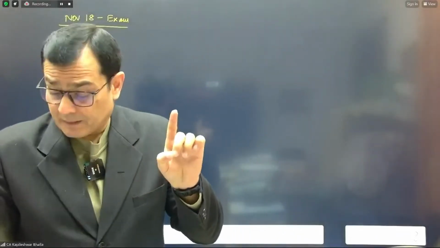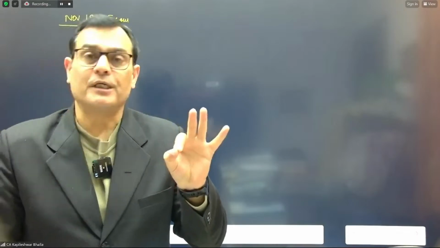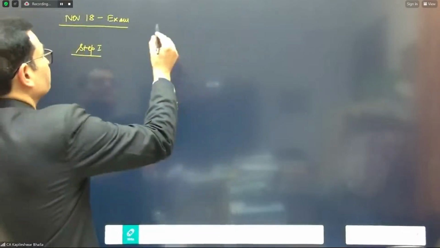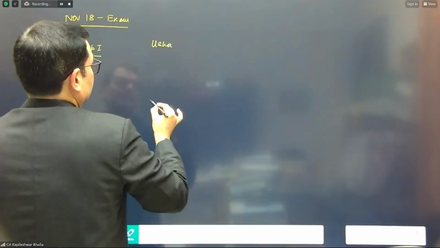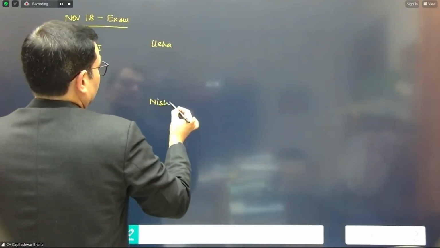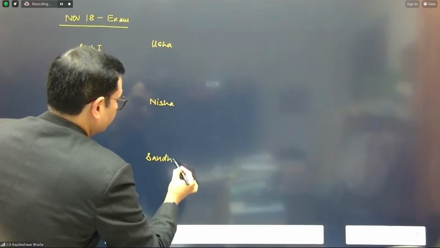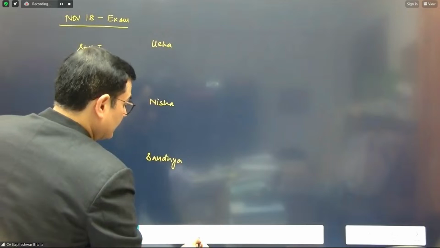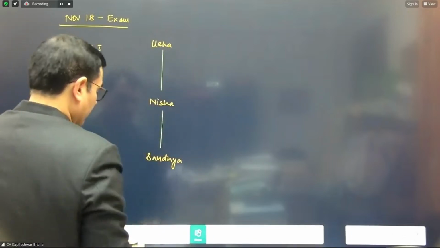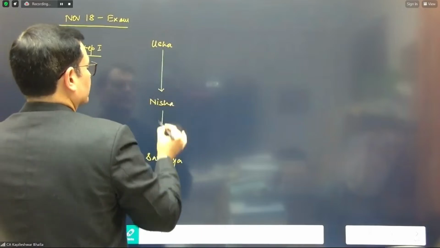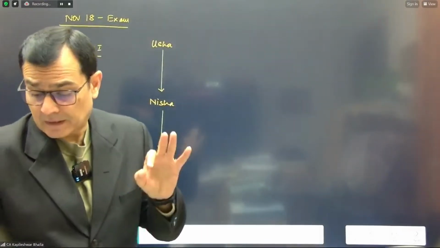It says in point number 1, Usha has got shares in Nisha and Nisha has got shares in Sandhya. So we can clearly see the chain. Now let's see the percentages given.